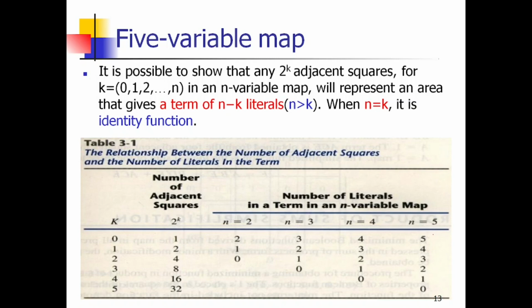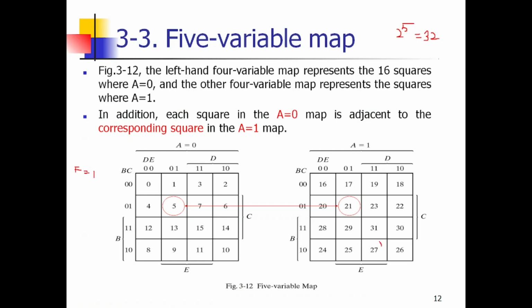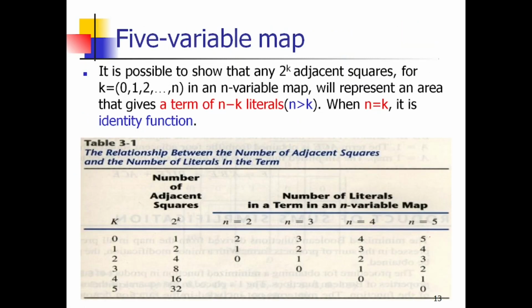Single one means the number of literals. If we have a single one here, this is the term we are going to obtain. What is the min term for this? It is A, B, C dash, D, E. Okay. So how many literals are here? 5.